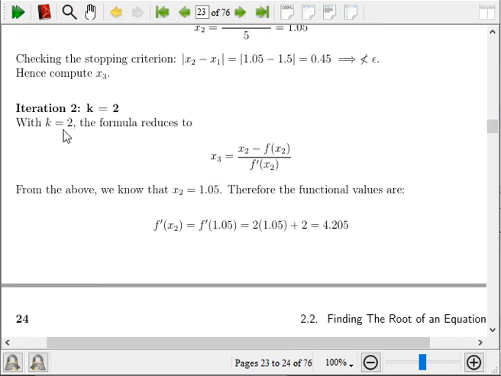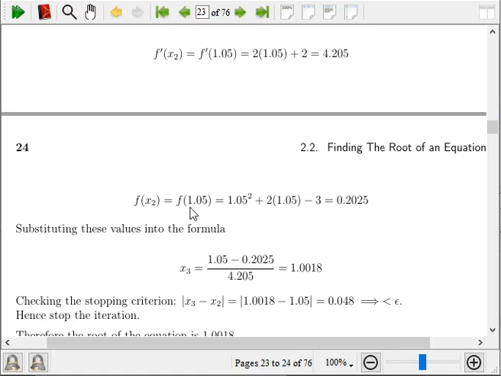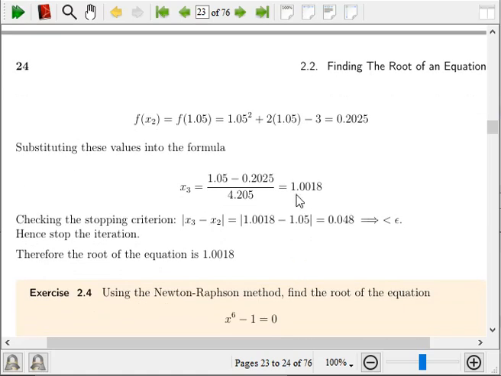For k equal to 2, the formula reduces to this. x2 was obtained in the previous iteration. We substitute into the derivative and into the function itself. We put these values and x2 into the formula and simplify to get 1 point something. We want to check whether to continue. The current solution is x3, and the previous solution x2 is 1.05.